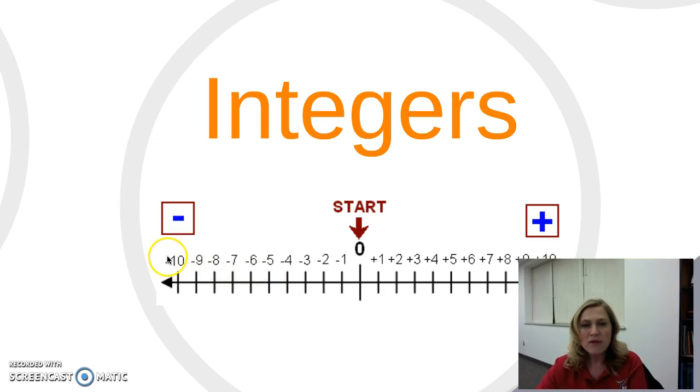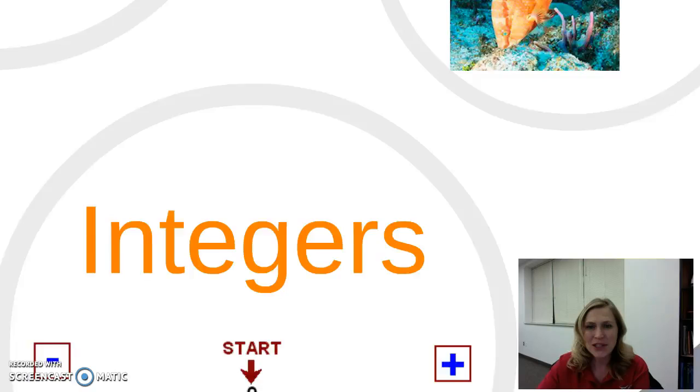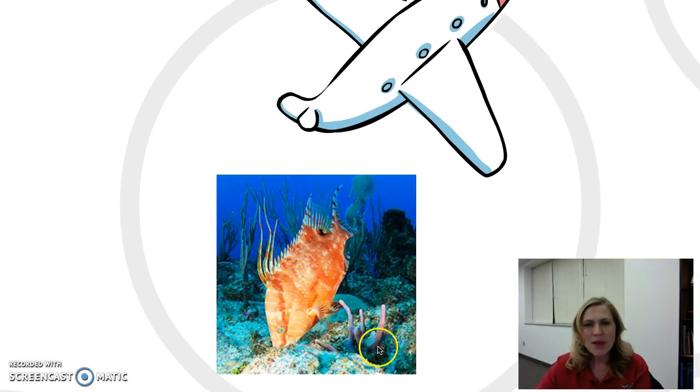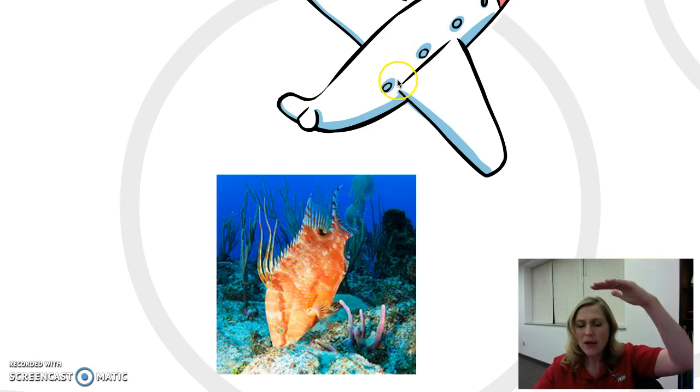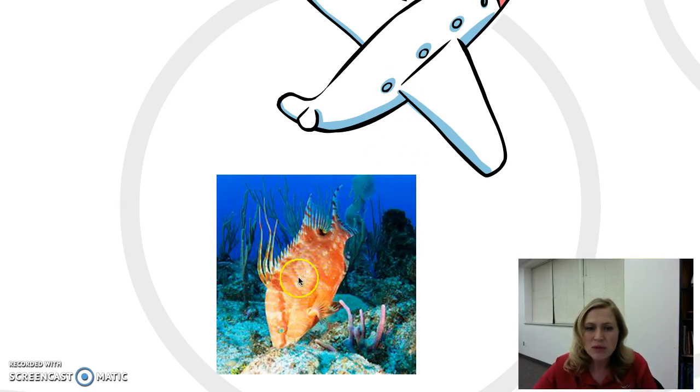And it's really fun to be able to start learning to add and subtract and multiply and divide with negative numbers. You're going to love that as we get into learning some of that stuff. But the importance of having a way to represent negative or less than 0 was for things like distance between an airplane flying high above the sea and maybe a fish swimming down deep in the sea.